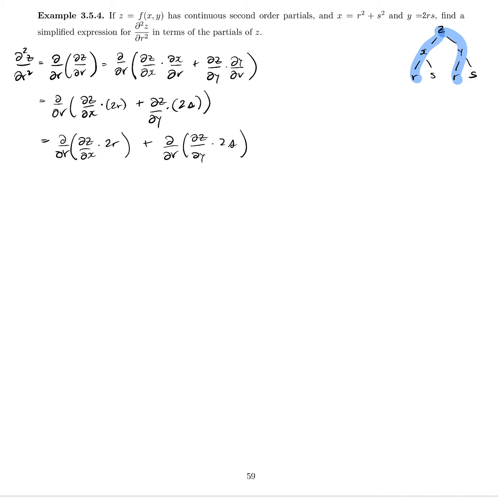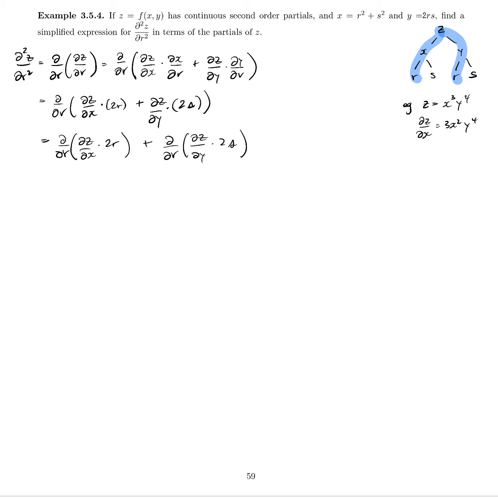Now, the next here is going to be, if we deal with the first bracket, both of these depend on r. Not convinced? There's no r in this expression? Well, let's just imagine, for example, what if we had something like z is equal to x cubed y to the fourth. Then ∂z/∂x would be 3x squared y to the fourth.